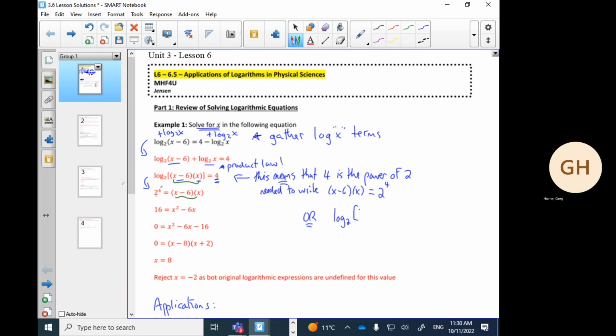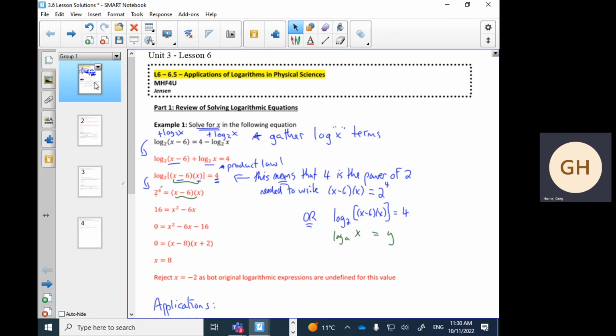So look at this out here. You can say, okay, this is my usual log base a of x equals y. If you convert that to the exponential form, b to the y, you can match things up.